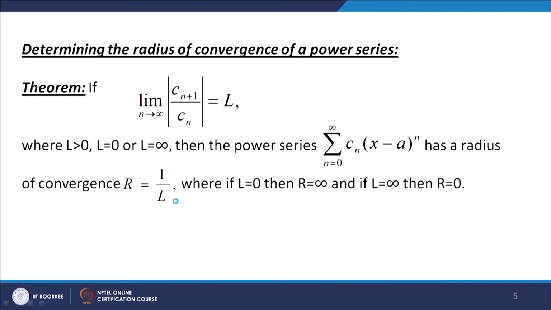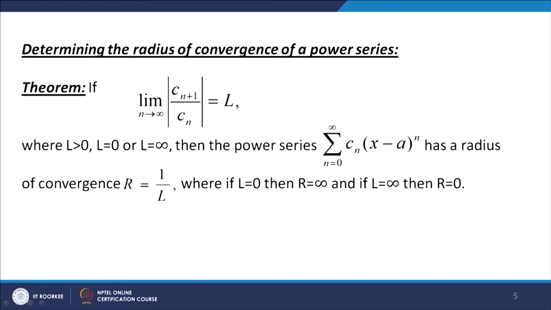Now, how to determine the radius of convergence of the power series? We can apply the ratio test, or we can also apply the root test. If you want to apply the ratio test, then since the coefficients of the series are Cn's, we will have to find the limit of mod of Cn plus 1 over Cn.